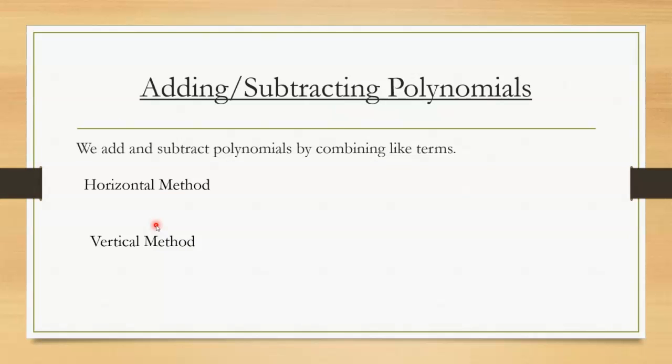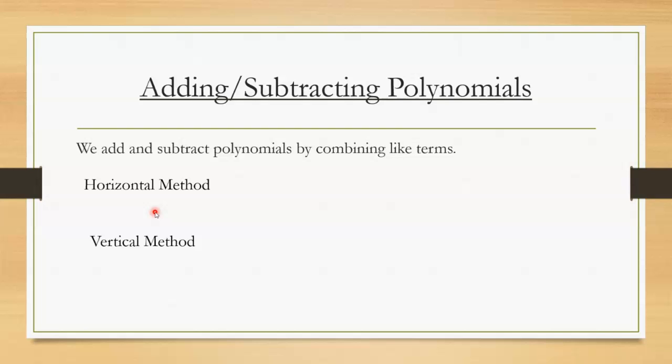Now, there are two methods to accomplish this. One of them is what we call the horizontal method. That's basically where you add or subtract like you do with numbers, and you just look for like terms and combine them. That's the horizontal method. The vertical one I like to do because it's a little more visual.